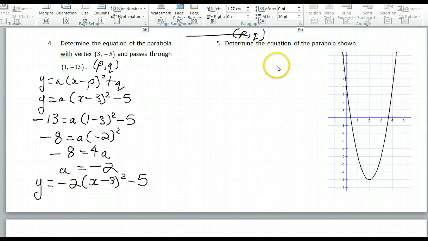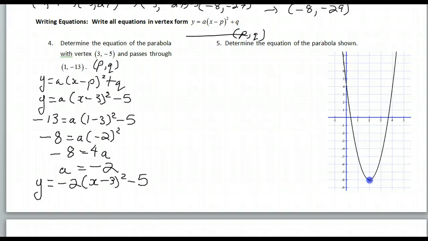Number 5, determine the equation of the parabola shown. Well, we know from number 4 that if we have the vertex and a point on the parabola, that we can solve. So here we have the vertex at (2, -8). We have a point on the parabola of (0, 4), which happens to be the y-intercept.